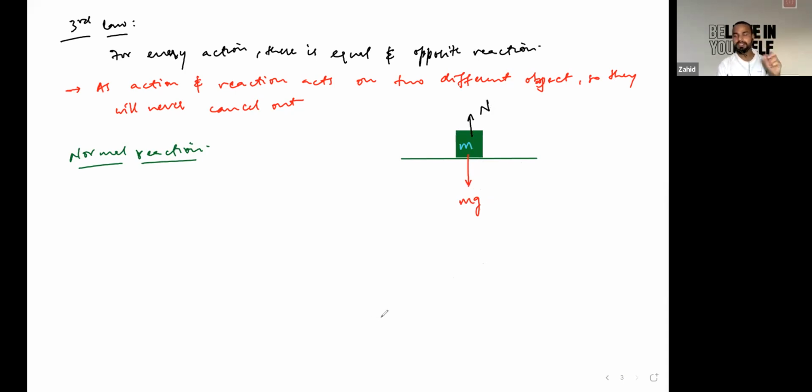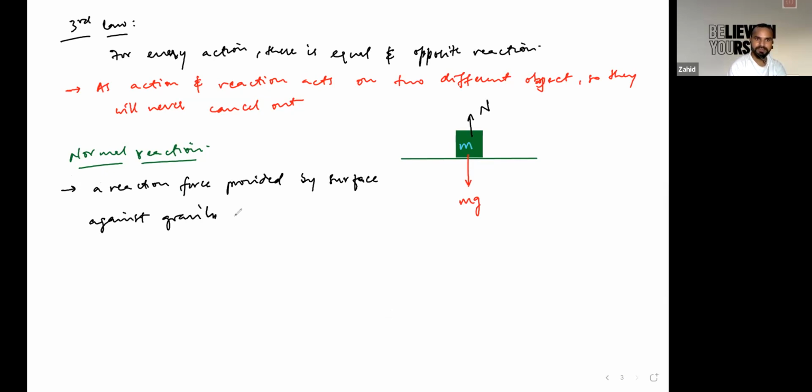So from this you can say normal reaction is nothing but a force to balance its gravity provided by the surface. Okay? So it will be a reaction force provided by the surface against gravity to balance it.